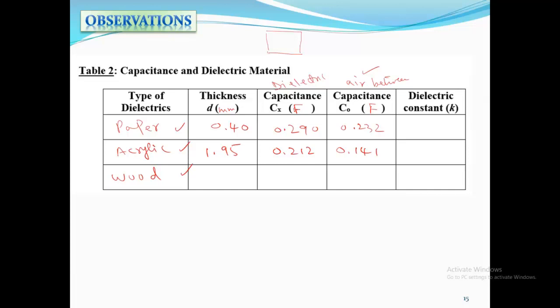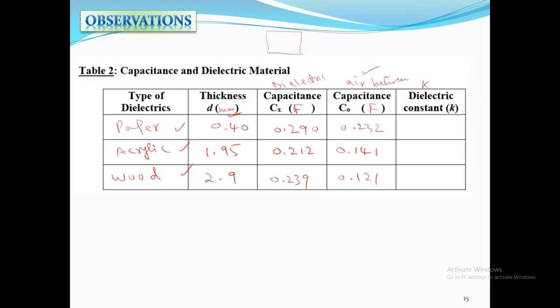And for the last one, the wood thickness, I am taking 2.9, all in millimeter, right? And the capacitance, when I insert the dielectric material, I mean the wood right now, it would give you, for example, this one for me. You may have different values due to certain other parameters and the sources of errors.